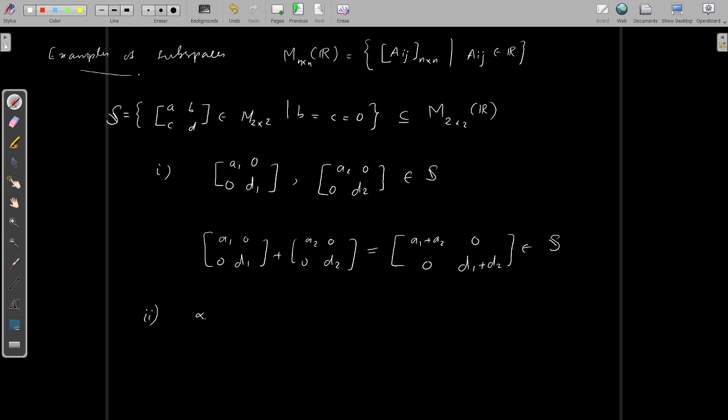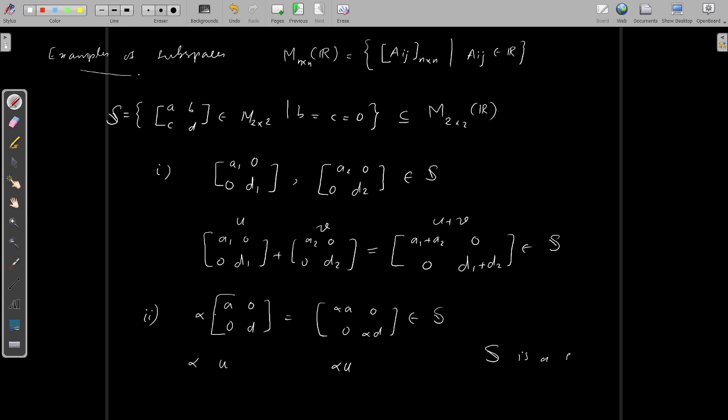Once you take alpha multiplied with this matrix [A 0; 0 D], this is the general form of an element in S, then this is equal to [alpha A 0; 0 alpha D], which shows that this is also an element of S. Once you take this as u and this as v, we can say that u plus v is also an element of S. And similarly, if you take alpha and this is u, then this represents alpha u, that is also an element of S. So this S satisfies the two closure properties of the characterization of a subspace. So we can say that S is a subspace.